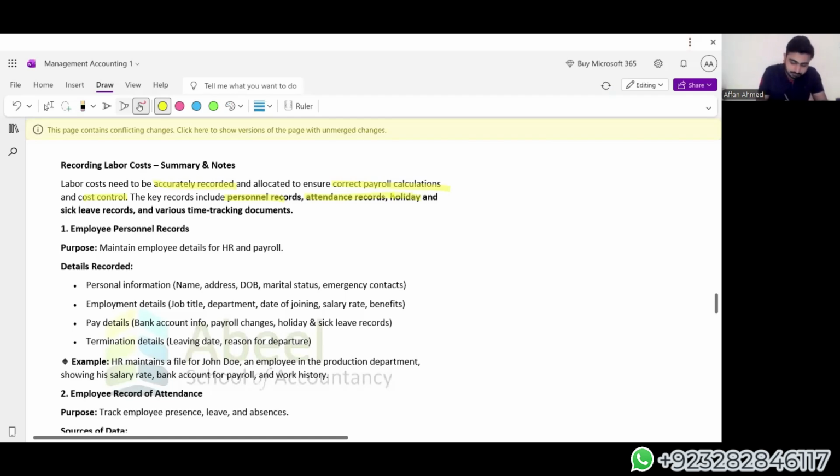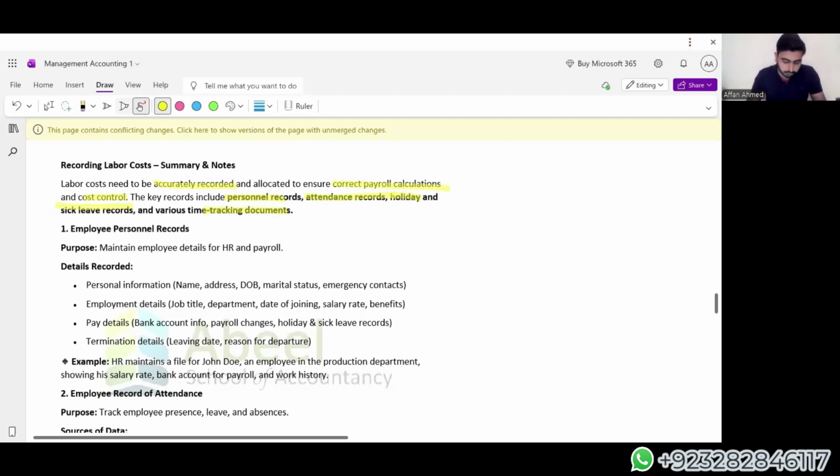Holiday and sick leaves, so that we know that they are taking our allowed sick leaves only. They're not taking any leaves that are not authorized, or they are not taking leaves and they are having payments made for those days. And various time tracking documentations, so that we can cost them, we can align and discuss what is the amount that we should pay to these people.